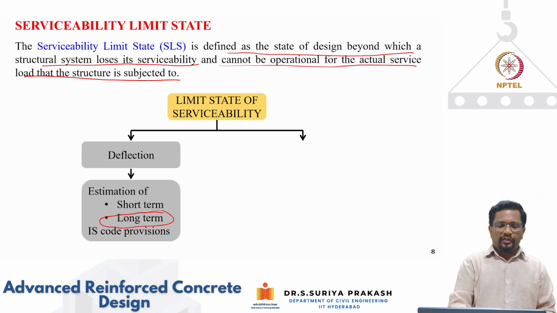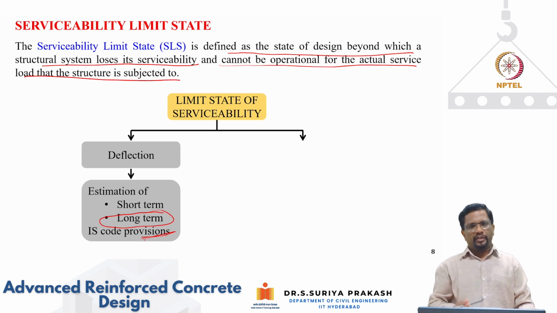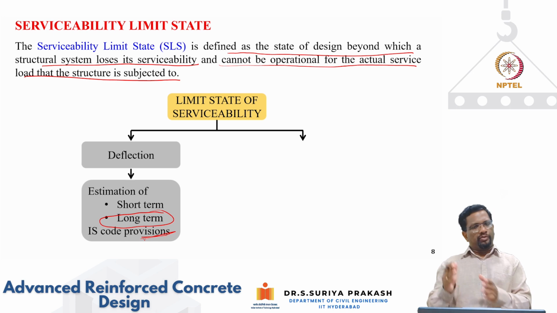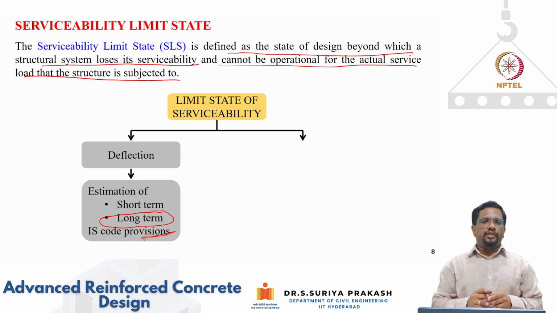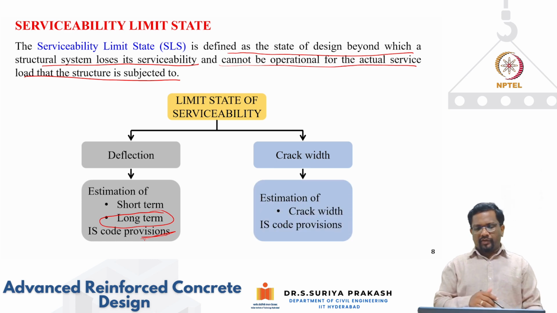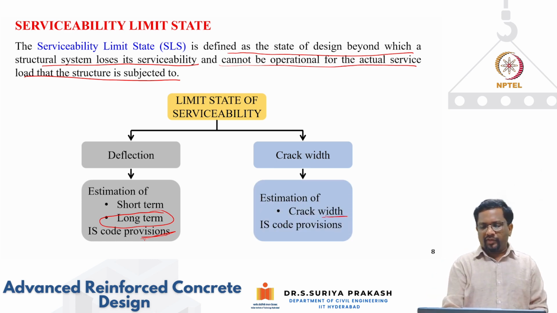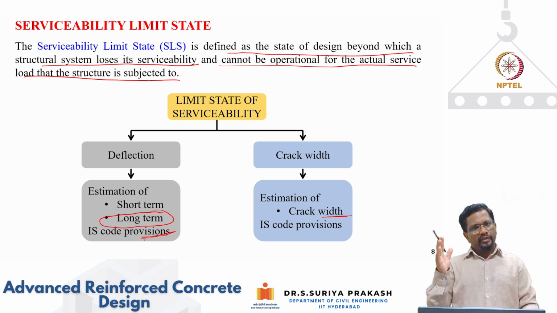Okay, so in this chapter, we are also going to discuss IS code provisions, that is IS 456 provisions, and how we can use these provisions to make sure that limit state of serviceability is accounted for in our design. Right, when it comes to crack width, of course, we need to estimate the crack width under service loads and make sure that they are within certain acceptable limits. Usually, we do not go more than 0.3 millimeter in our design.